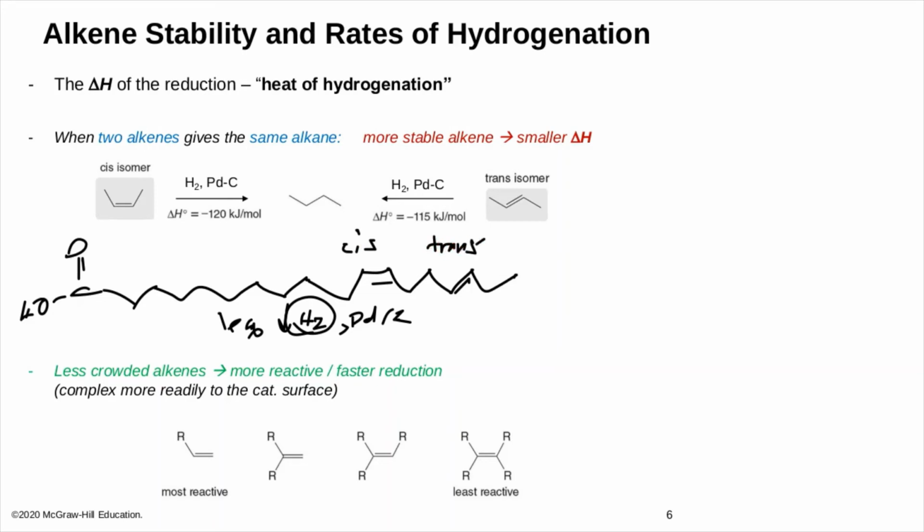Which one's less stable, aka more reactive? Who's going to reduce? The cis. You are right. The cis is going to react faster because it's less stable. It's more exothermic.